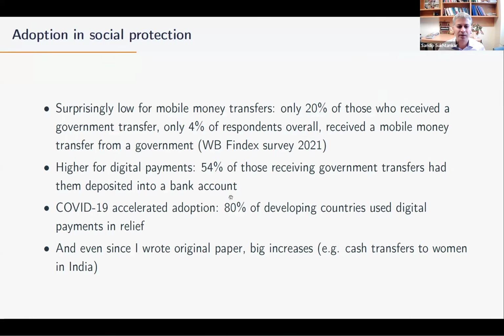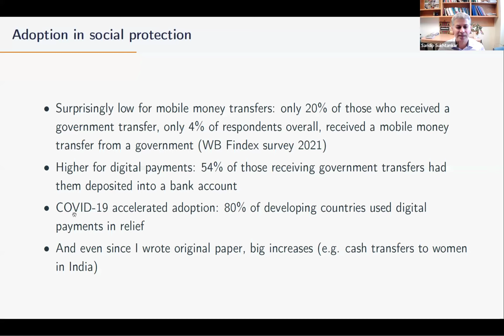More positively, many people seem to be receiving digital payments, and more than half of those who received government transfers had them directly deposited into a bank account, which is very promising.